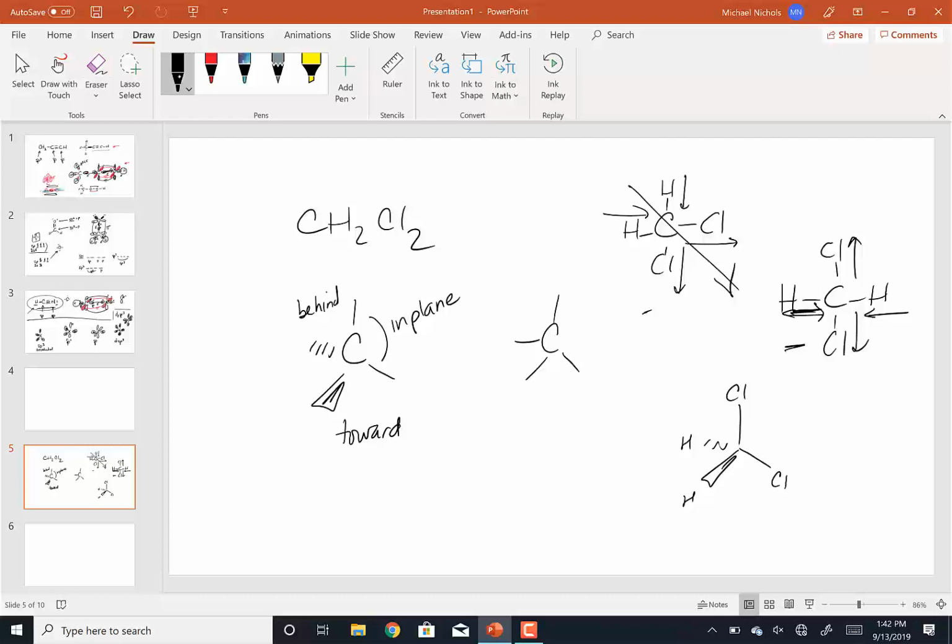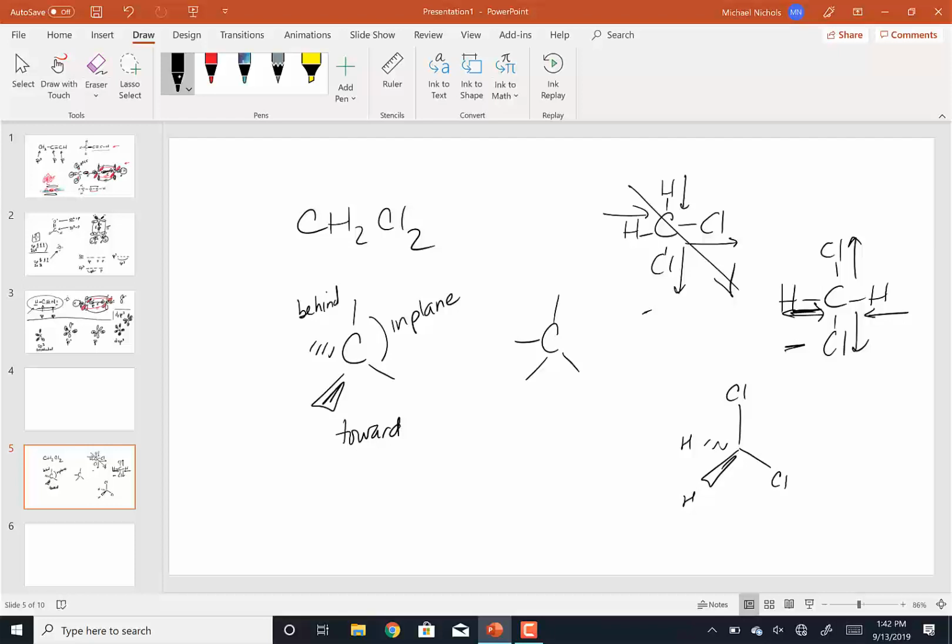If all 4 were hydrogen or all 4 were chlorine, it would be nonpolar. The fact that all 4 positions are not the same means it's polar, because the only way they can cancel each other out is if they're all the same.